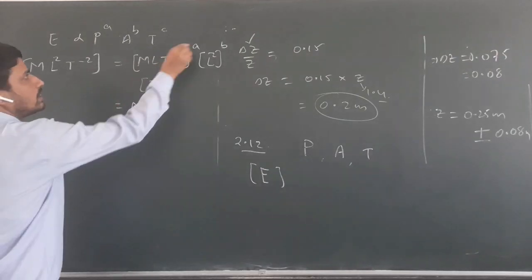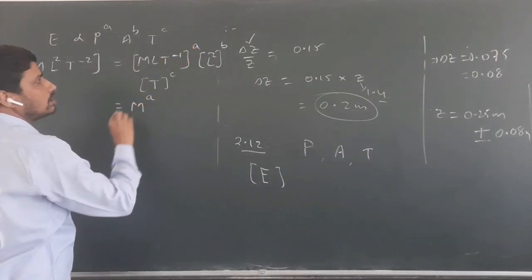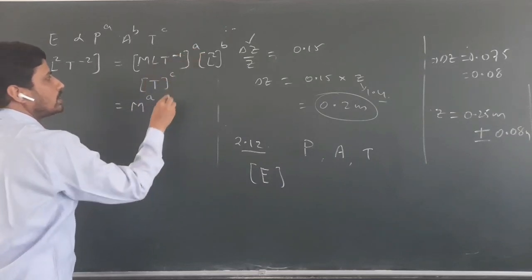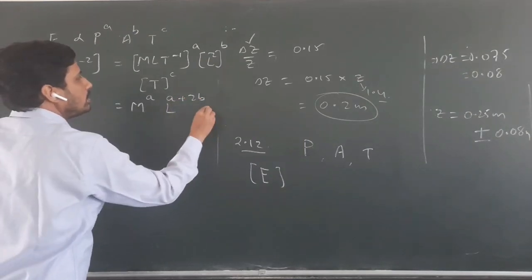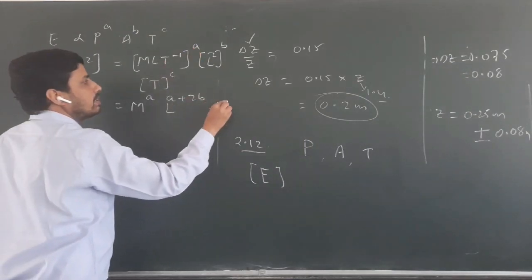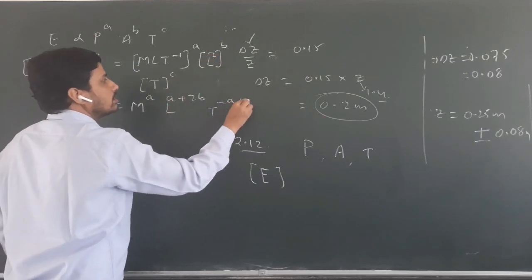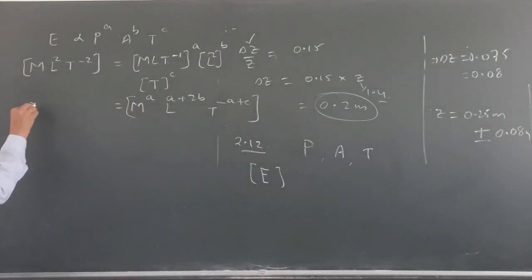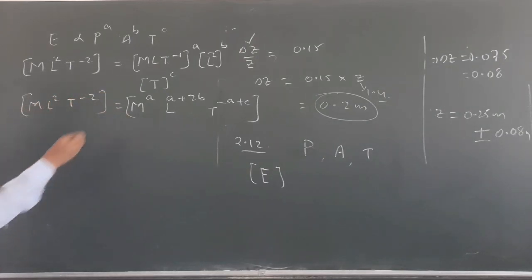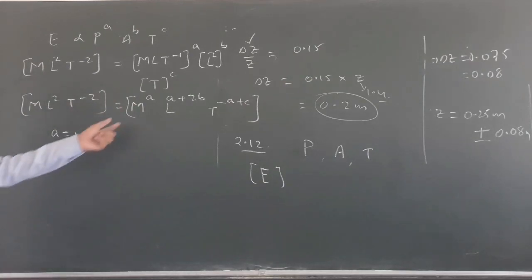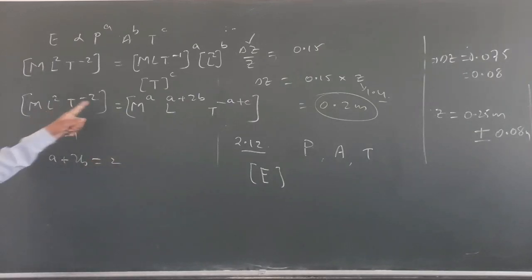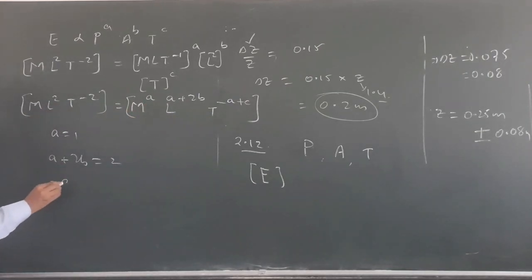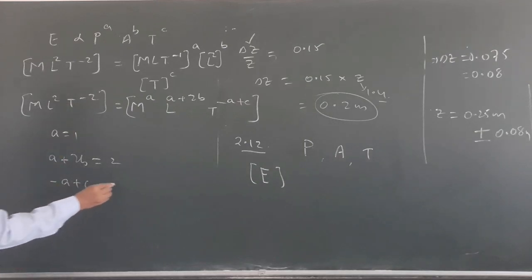So this becomes M to the power a. There is no M anywhere else. L to the power a here, 2b, and then we have T to the power minus 1 into a, that is minus a, and here we have plus c, and here we have M L square T to the power minus 2. So if you equate the coefficients for mass, we'll get a is equal to 1. For length, a plus 2b is equal to 2, and for time, minus a plus c equals to minus 2.